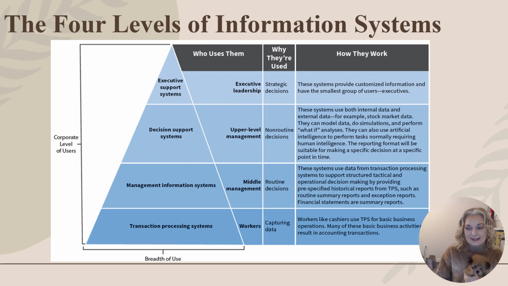Here is a nice summary in the textbook of the levels of our information systems. So we start off with our transaction processing system that's used by workers, and it's just used for capturing data. An example is workers like cashiers use the transaction processing system for basic business operations.